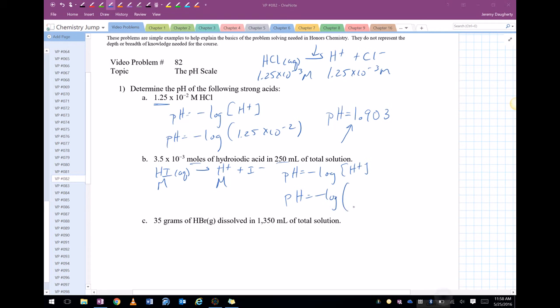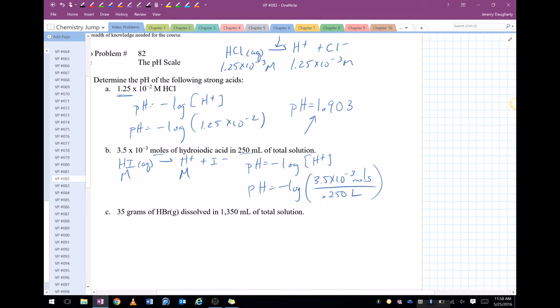So I'm going to go ahead and do that here. So I'm going to take 3.5 times 10 to the negative third moles divided by 0.250 liters, and that'll give me my pH. So I get a value of 1.85, 2 sig figs, 1.85.